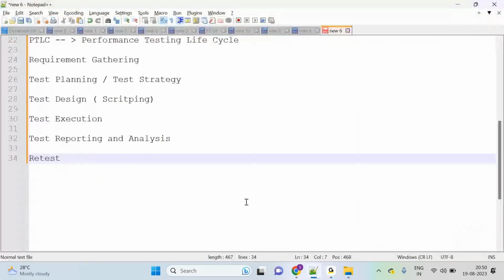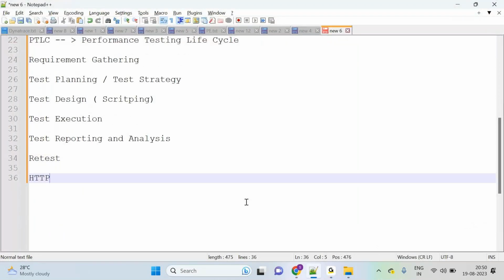Maybe I'll write it down here: HTTP, HTTPS, FTP, TCP, and then JDBC, JMS, WebSockets. So all these are something Gatling has the capability to support. This is all protocols only.